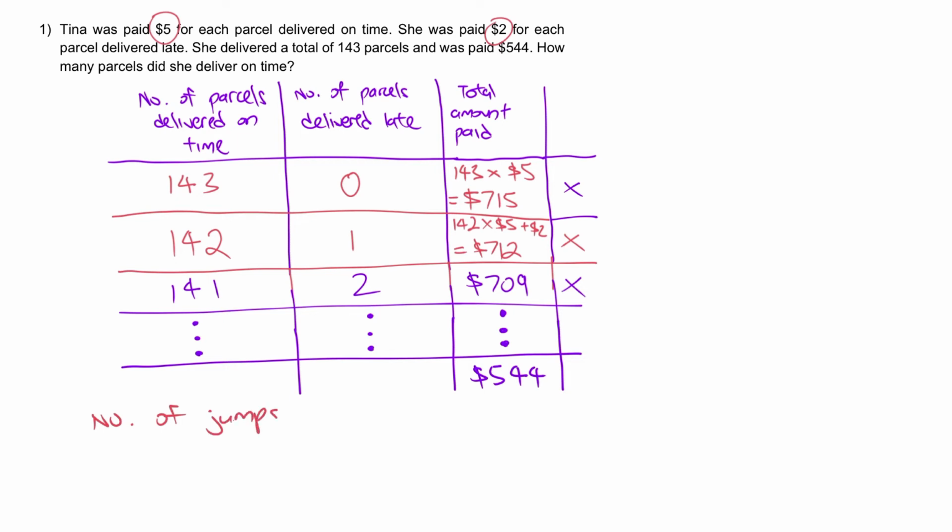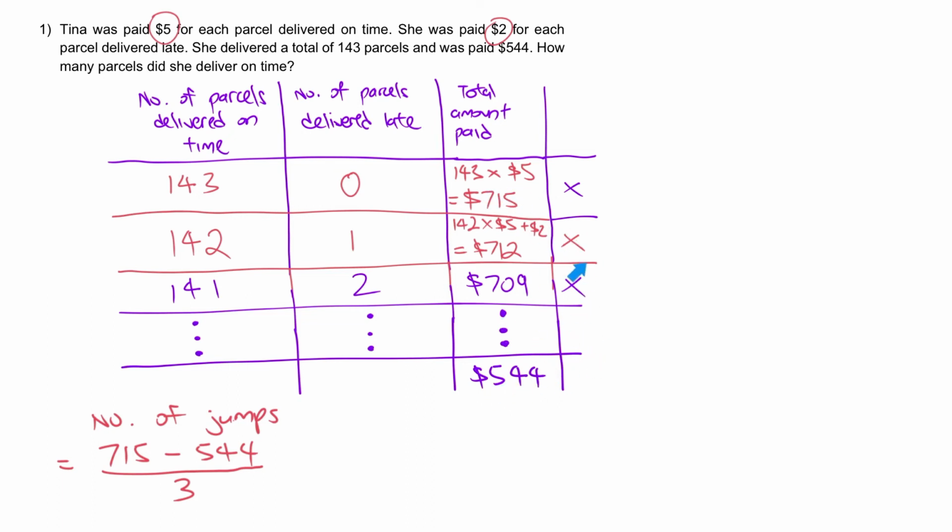Okay, I use the layman term jumps. So I will take 715 minus away 544 and I divide by 3. Why do I do that? First, I need to figure out the gap between 715 and 544. That is the amount I need to close.